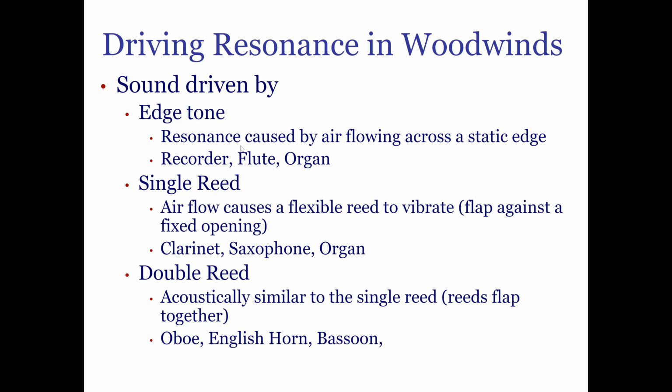In a recorder, they actually have a fixed knife edge. You blow into the mouthpiece, and it directs the air toward that knife edge, and that's where the edge tone comes from in a recorder. And organs are often a similar mechanism to that of the recorder.